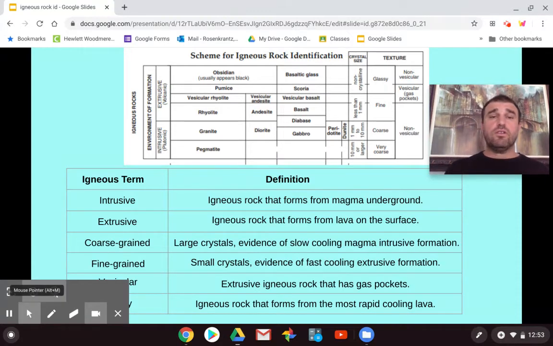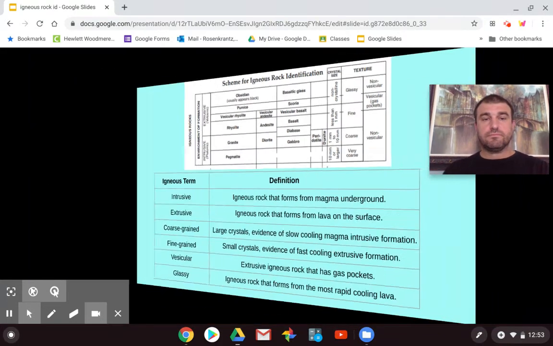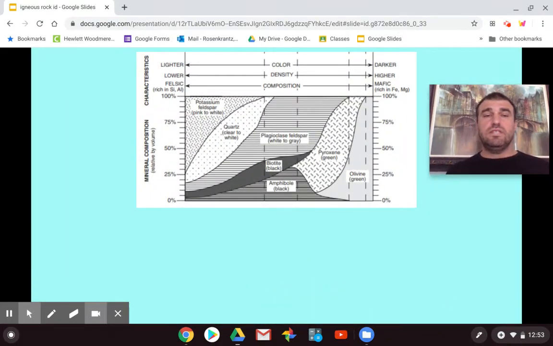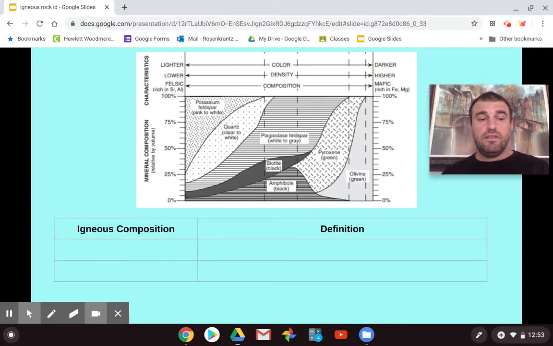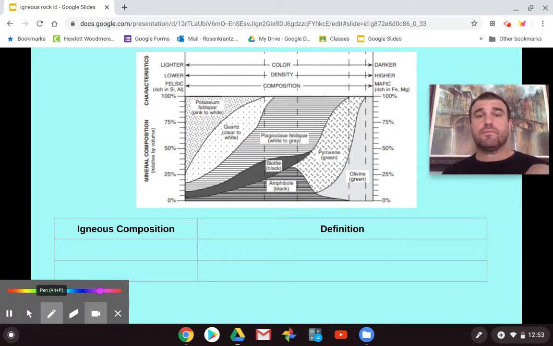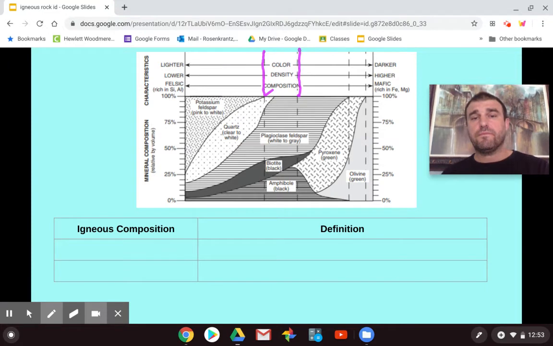All right, let me clear this page so I can write on it again. Now we're going to look at the bottom half of the graph. And this graph goes over the composition. The way you read this is it gives you some information right here in the middle. So let's start with composition.